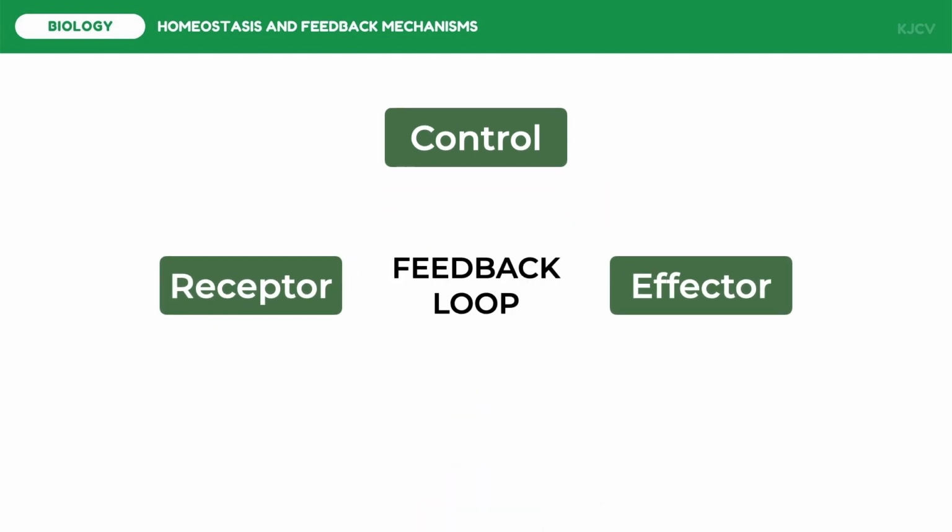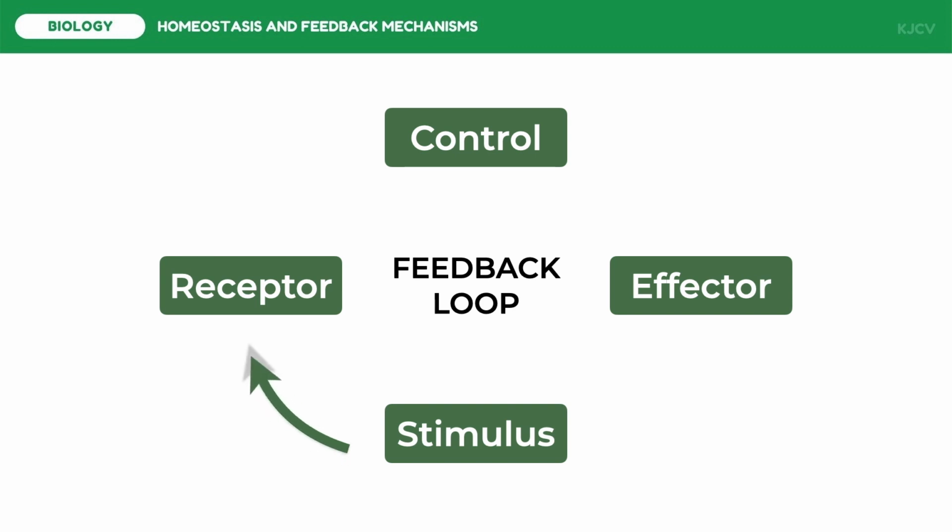This is when a stimulus is sensed by the receptor. The receptor then sends information to the control center. The control center will then tell a cell, tissue, or an organ, but usually a gland, to do a certain response as an effector. This effector will make necessary adjustments to the stimulus to bring the system back to normal.